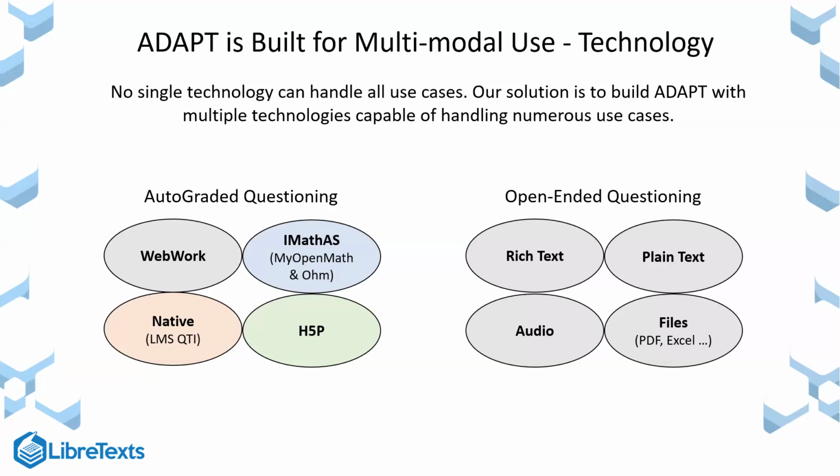Those last two are for-profit enterprises, while MyOpenMath is a non-profit structure. Then H5P, a technology that came out of north of the Arctic Circle in Norway. It's a relatively newer technology, about 11 years old. WebWork and IMathAS are great technologies for algorithmic capabilities.